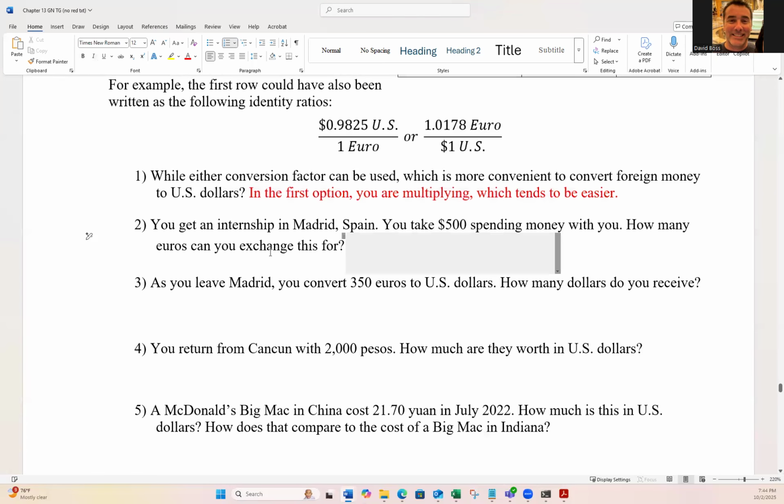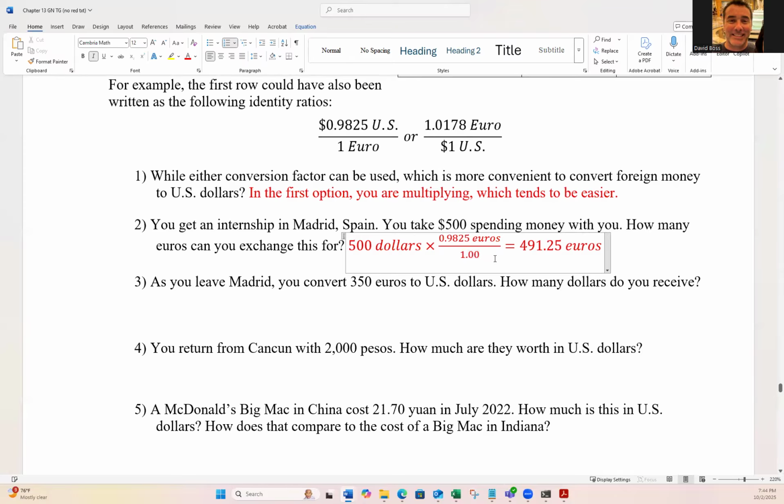All right, you get an internship in Madrid. You take $500 spending money with you. How many euros can you exchange for this? All right, so you have $500. Again, this makes more sense to do dollars. All right, so now you take this, these cancel out, dollars cancel out.